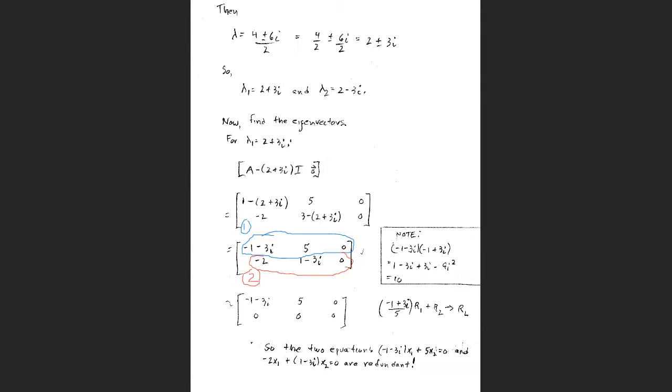Again, I'm trying to find an eigenvector, so I've got to solve for x1 and x2. So which equation do you want to use? Do you want to use the first equation or the second equation? Which equation looks more attractive? Which one do you like better?